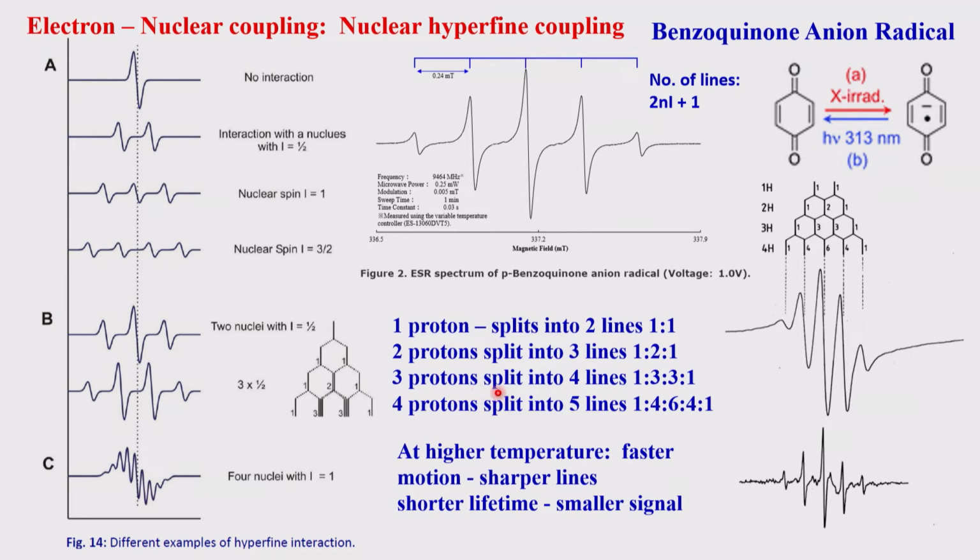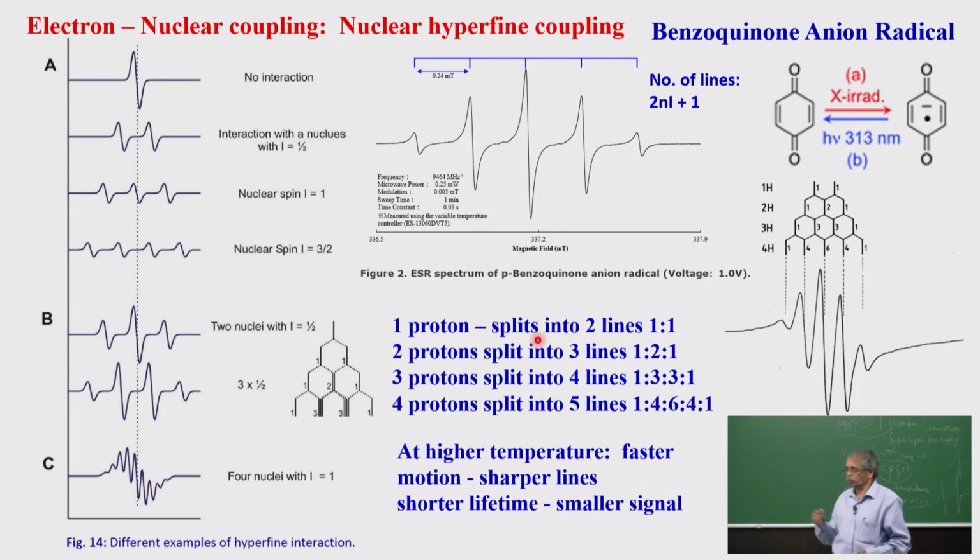In the case of 4 lines, the first has a certain intensity, the next line 3 times, the next also equal to that, and then 1 time intensity. This is what you find here as well as in NMR. In NMR it is a nuclear spin coupling; here you are looking at electron spin with nuclear spin. That is what is called electron nuclear coupling.